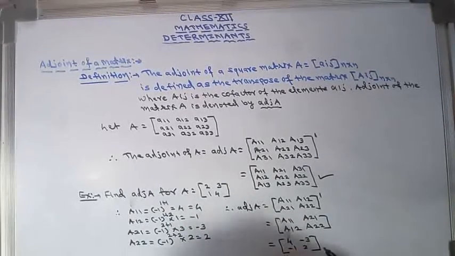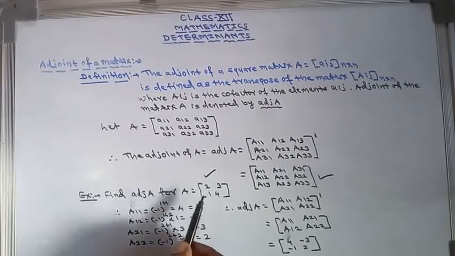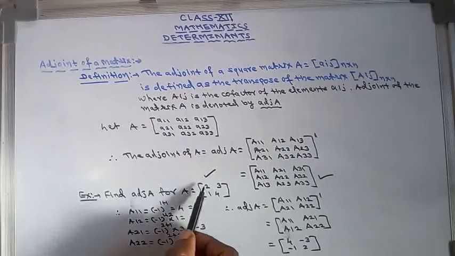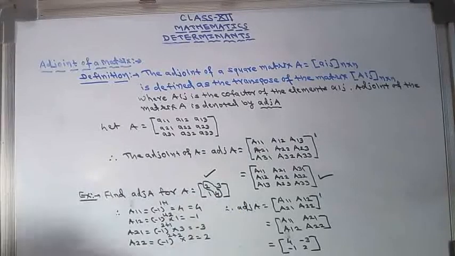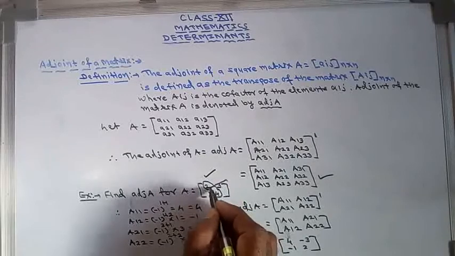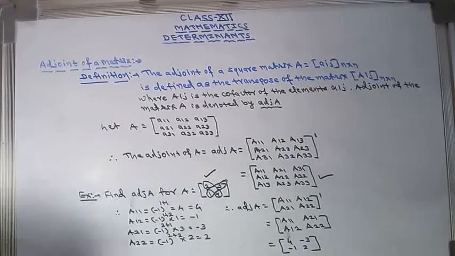See here, if the matrix is of order 2 by 2, what happens here? Just observe here. Here 2 and 4 are interchanged. These two numbers are interchanged. Here it is 4, here it is 2, and the sign of these two numbers changes.